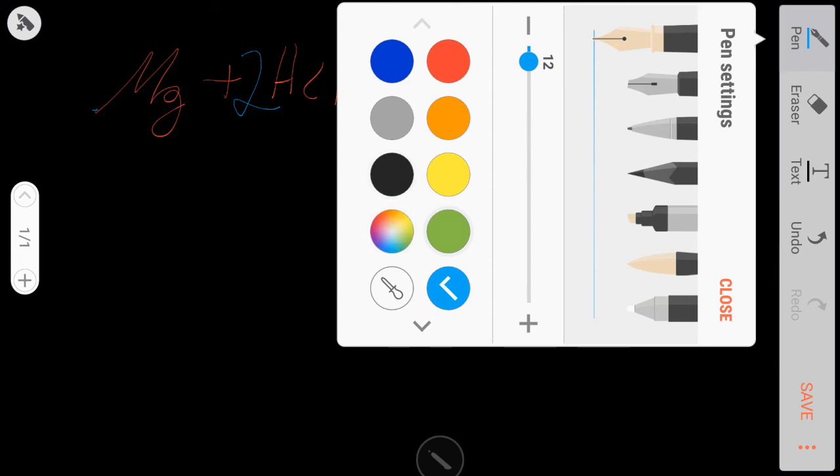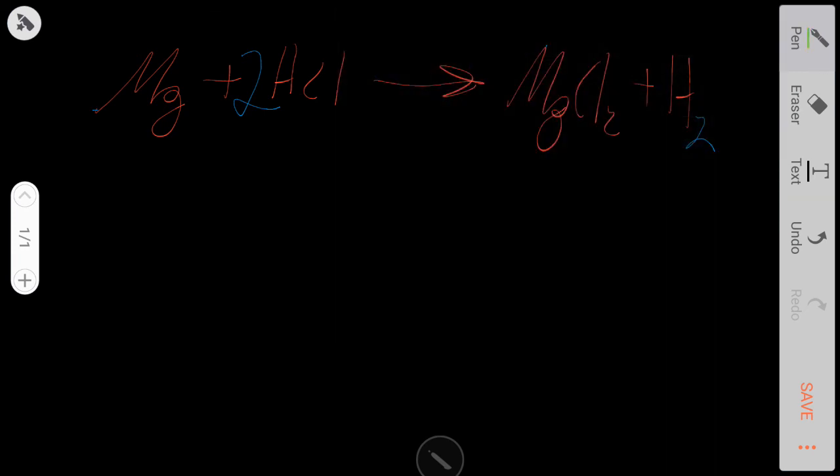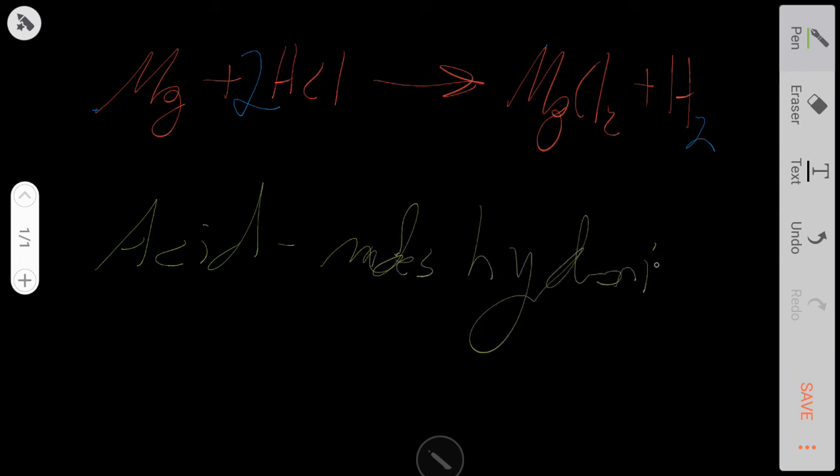And let's look at it in green. Okay, we have HCl, hydrochloric acid. What is an acid? Acid makes hydronium ions in a solution.